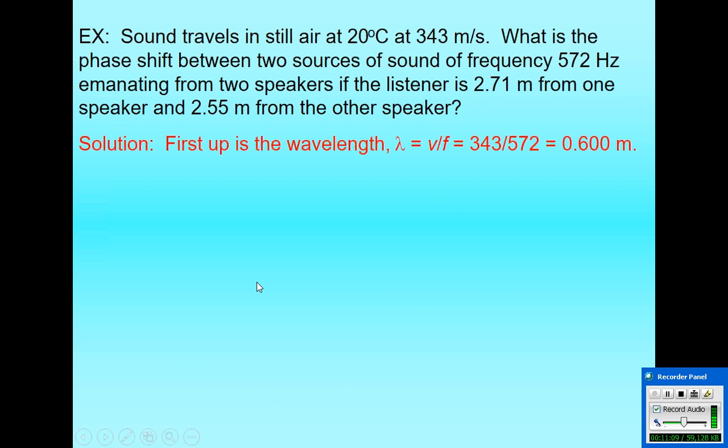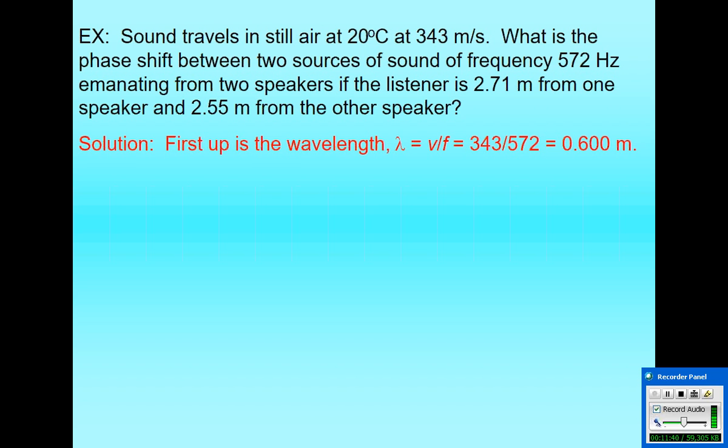Let's do an example. Sound in air at 20 degrees Celsius travels at 343 meters per second. Sound travels a little bit slower when the air is cooler and a little bit faster when the air is warmer. But at 20 degrees Celsius, which is a comfortable room temperature, sound travels at 343 meters per second. Suppose I have two identical sources of sound, both at a frequency of 572 hertz.